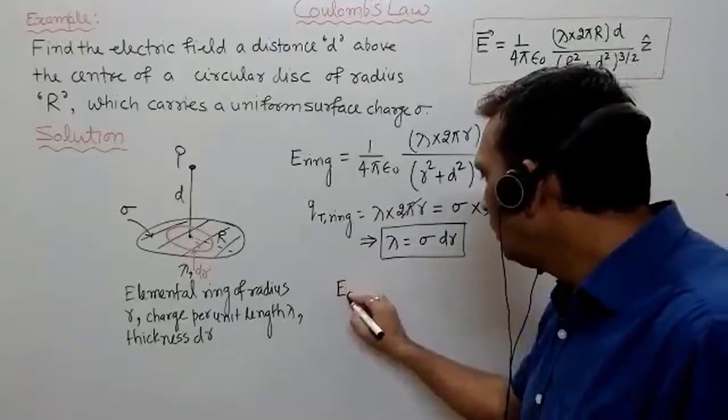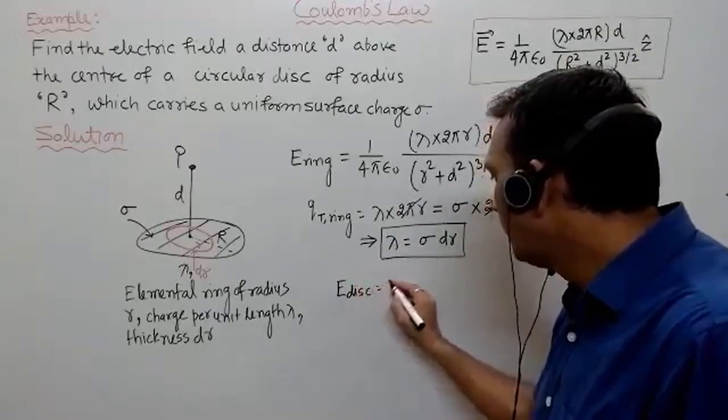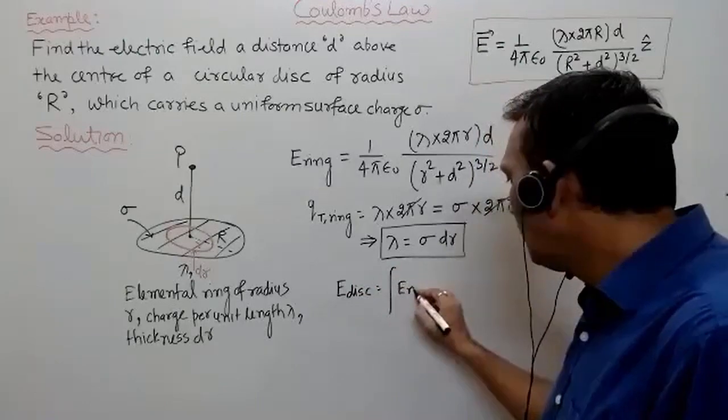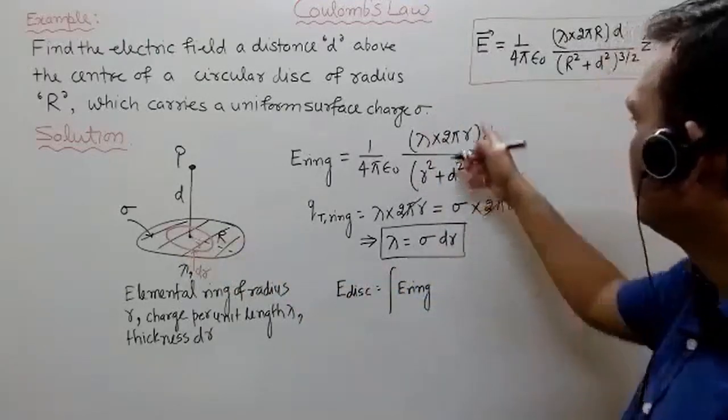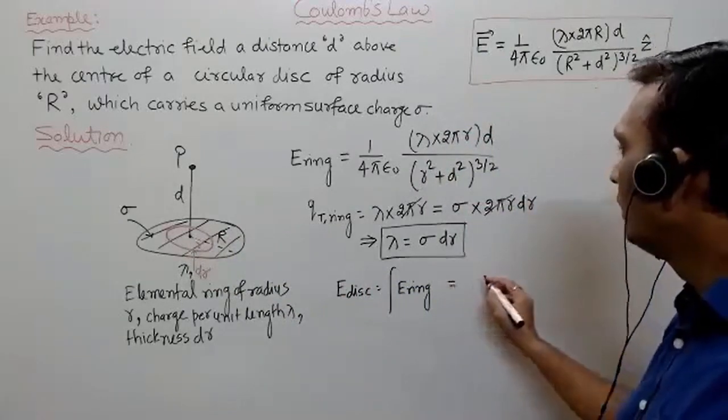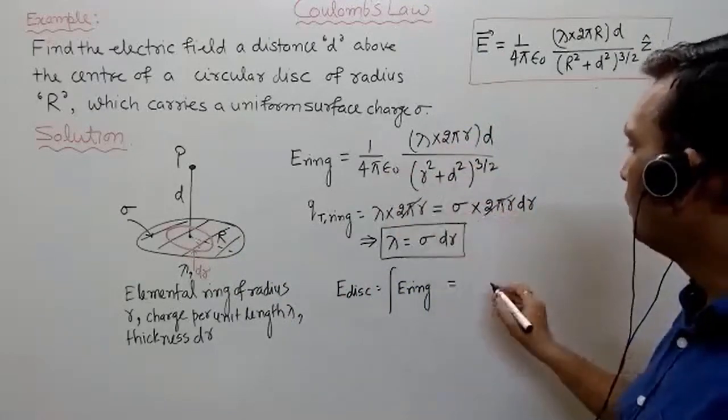So what will be electric field due to disk? Integrate all the rings from 0 to capital R. So this 2 pi will cancel out.